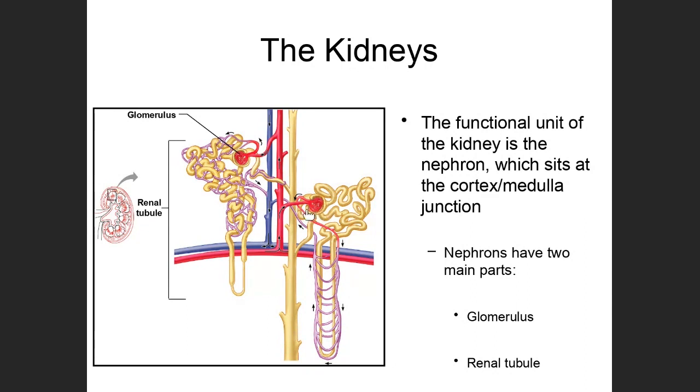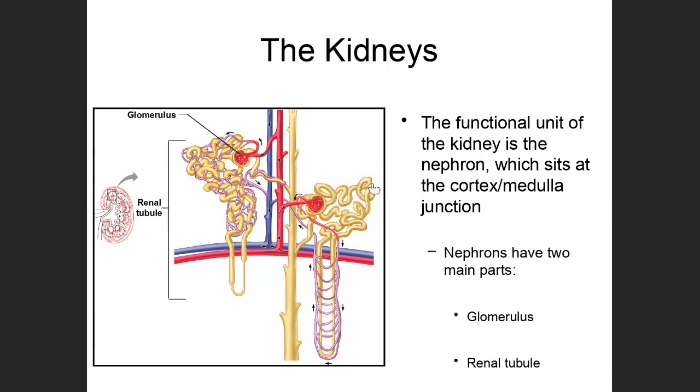And basically everything that gets filtered out of the blood makes its way into that little Pac-Man-like mouth and then through this kind of twisty tube that twirls around, dips down for a moment into the medulla, comes back up, becomes really twisty again, and then moves into this structure here.